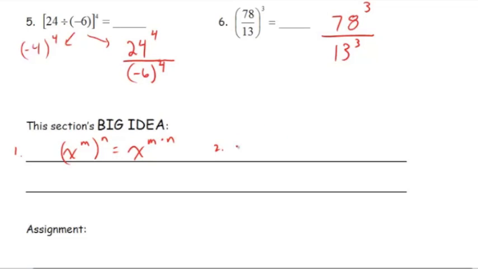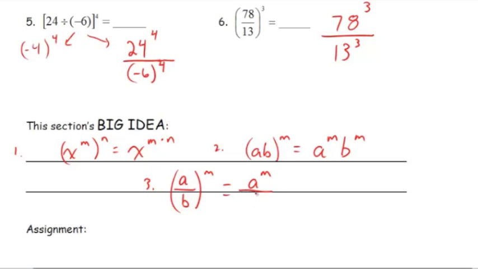If you have the power of a product, if ab is a product all raised to the power, we can separate that and say that's going to be each base with the exponent applied to it. And lastly, if we have the power of a quotient, a over b raised to the power of m, we can separate that so that the exponent applies to both the top base and the bottom base.